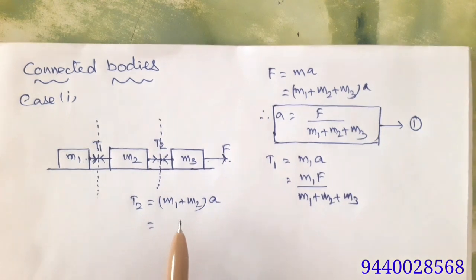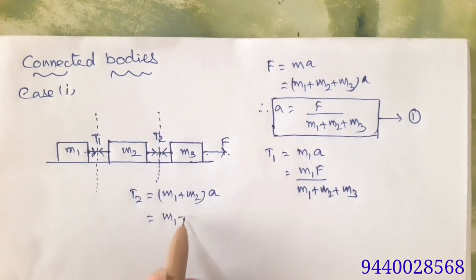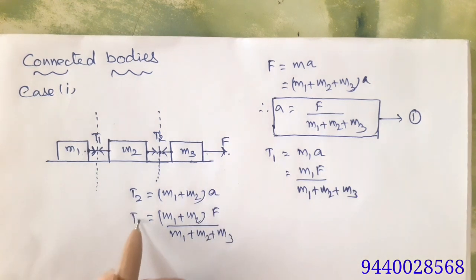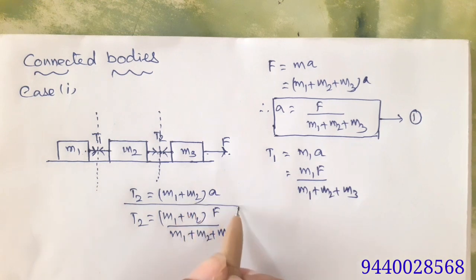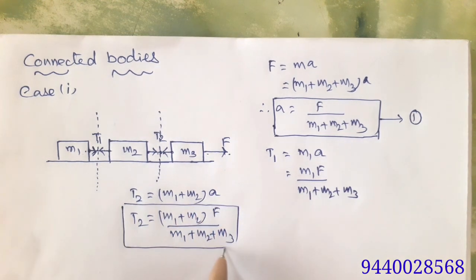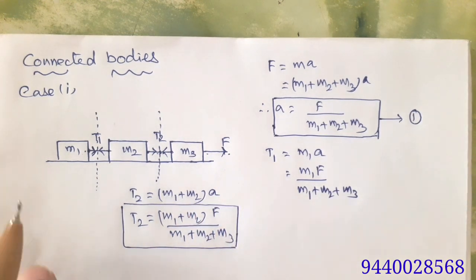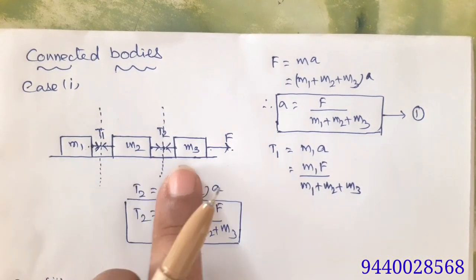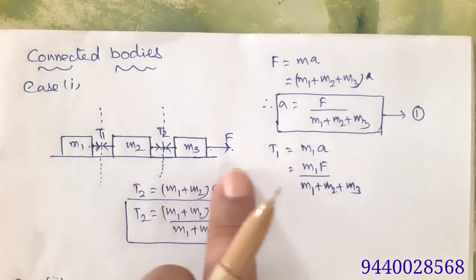Therefore it is equal to m1 plus m2 and, substituting the value, F by m1 plus m2 plus m3. Now this is the tension T2. This is about the tensions and the acceleration when the bodies are connected by a string in a horizontal direction.